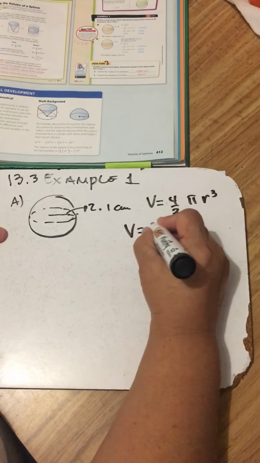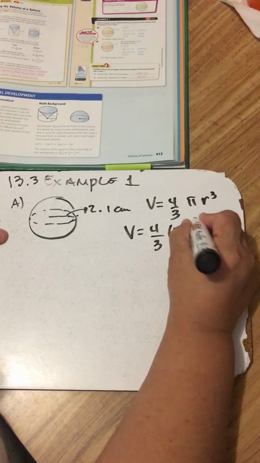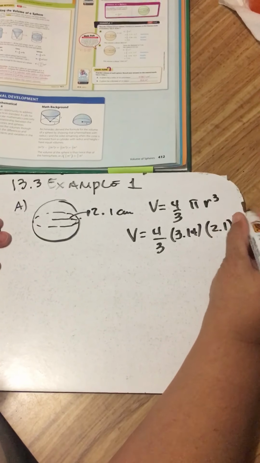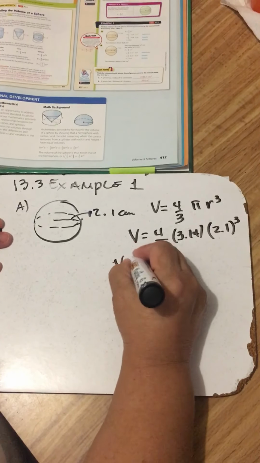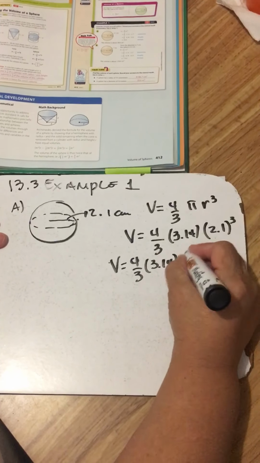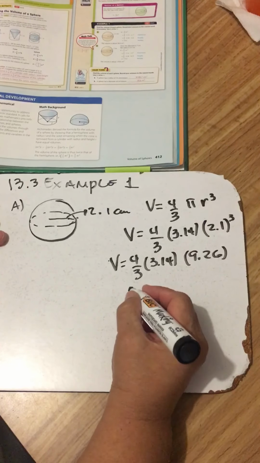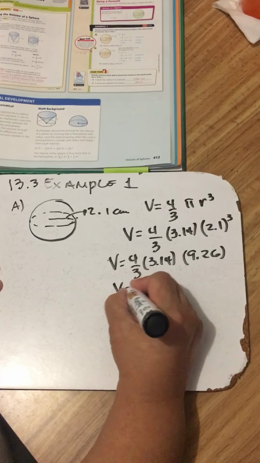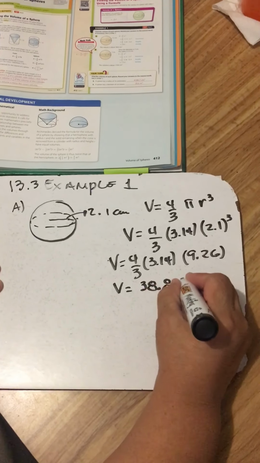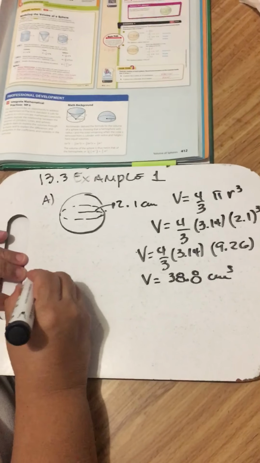Then we substitute the values: 4/3 times 3.14 times the radius 2.1 cubed. Then we obtain the volume, 4/3 times 3.14 times 9.26, that is 2.1 cubed. Now we obtain the volume is 38.8 cubic centimeters.